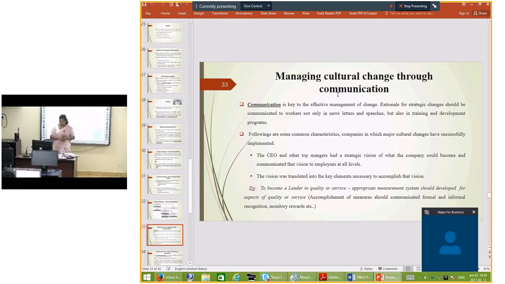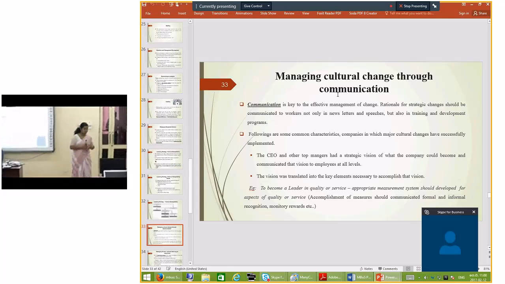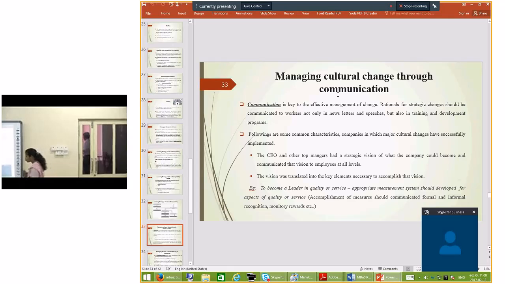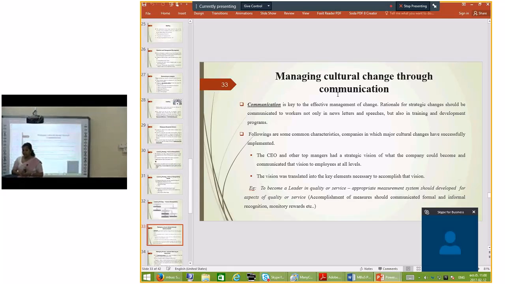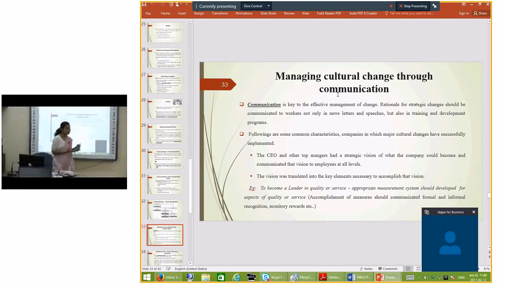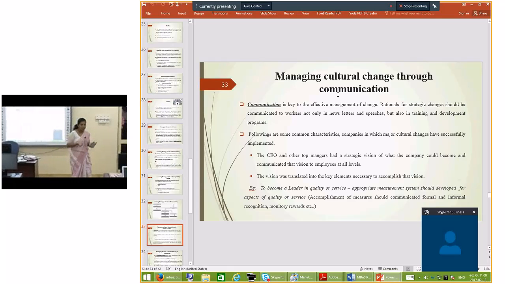Then another point is managing cultural change through communication. I think we stopped at that point before last week, sorry. I told you when it comes to something new or going with this implementation, communication is very important. Because if employees are not aware of the facts, then there might be more rejections, more conflicts.